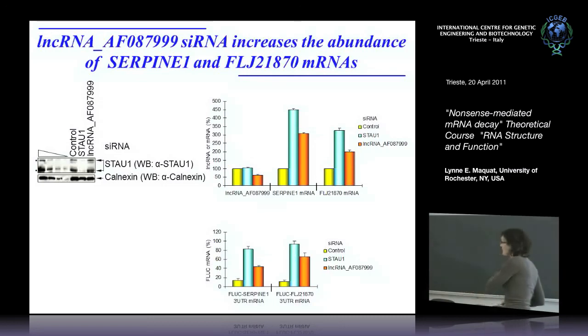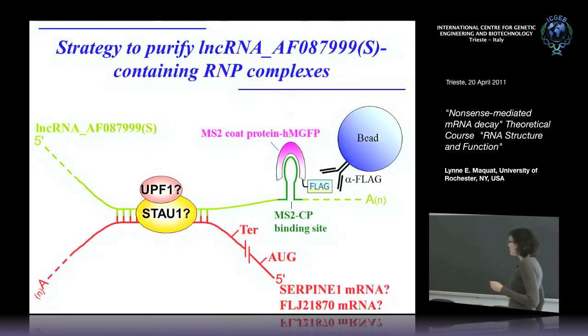So he localized the regulatory element to the SMD target's 3' UTR. One of the other things Gong did was to actually ask if he could purify a complex that would be predicted if the model is correct, and that is the long non-coding RNA together with the SMD targets that it anneals to, Stauffen and UPF1. And the answer is he can.